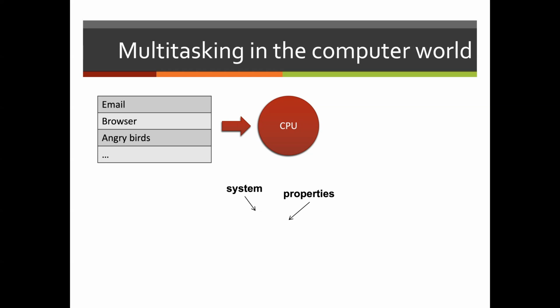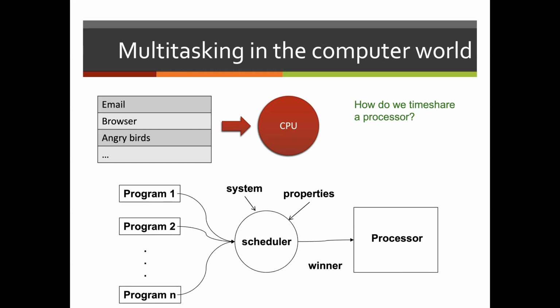And these tasks need to utilize the CPU in order to execute. And so, how do we timeshare a processor? There are different things that you have to consider in order to accomplish this. If we want to think about each of these different tasks, we can organize them as different programs. And so we can say program one to program N.